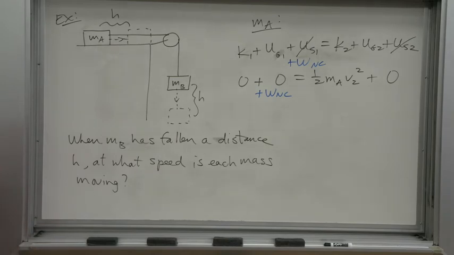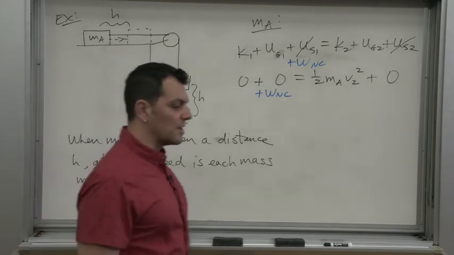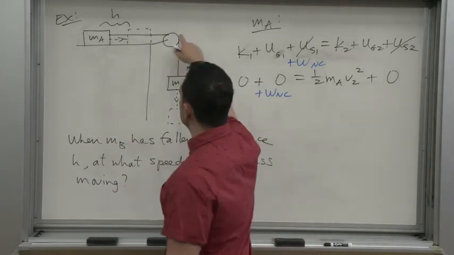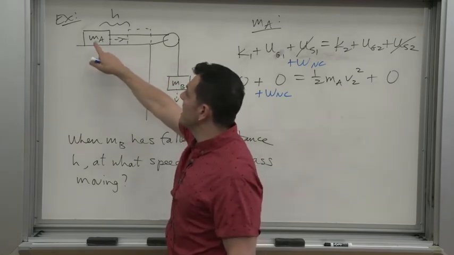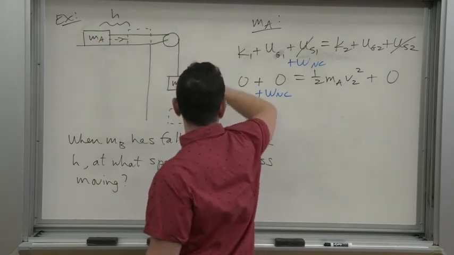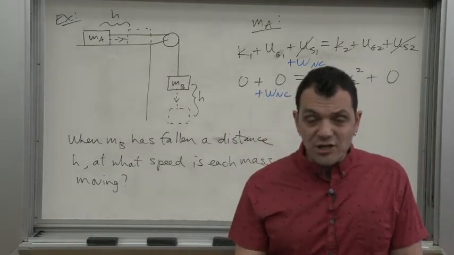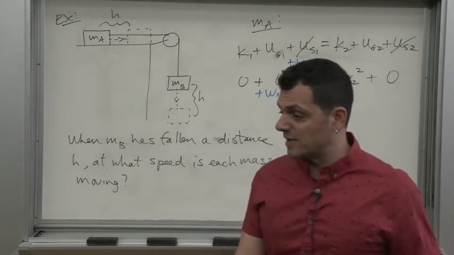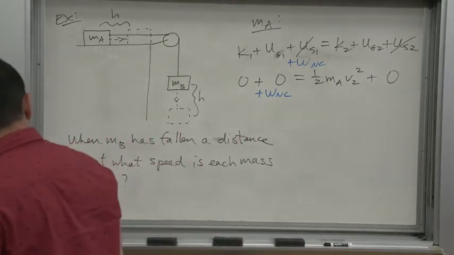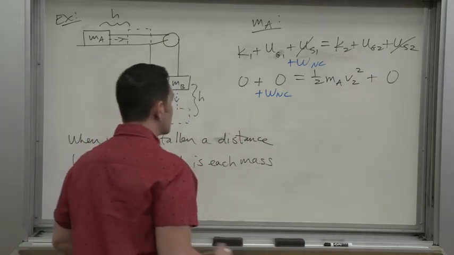But what non-conservative force is doing work on this thing? Well, tension is acting on this mass, and this mass is not swinging, it's being pulled. So the work done by tension is what work non-conservative is. And what is it equal to?